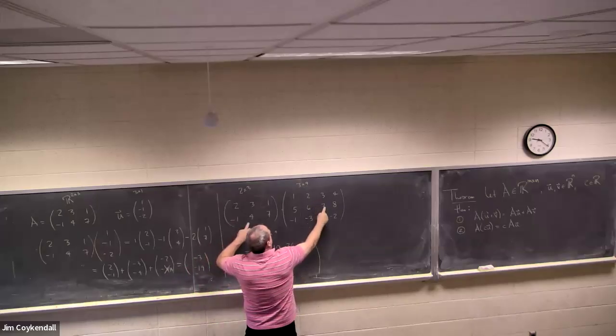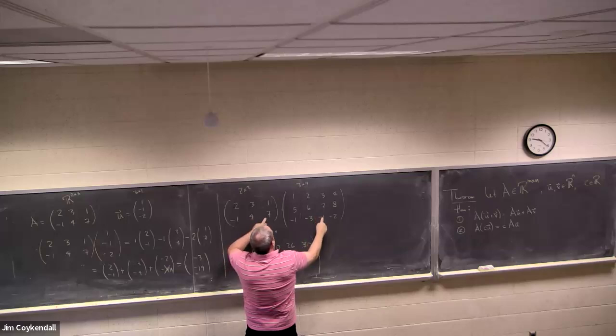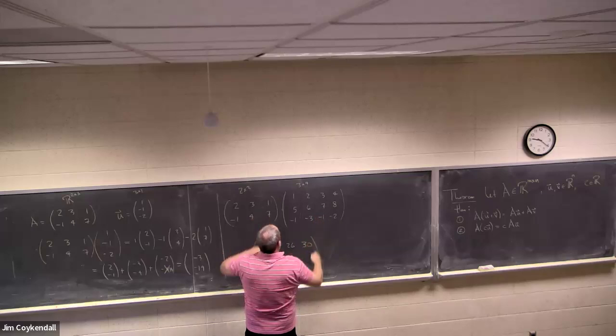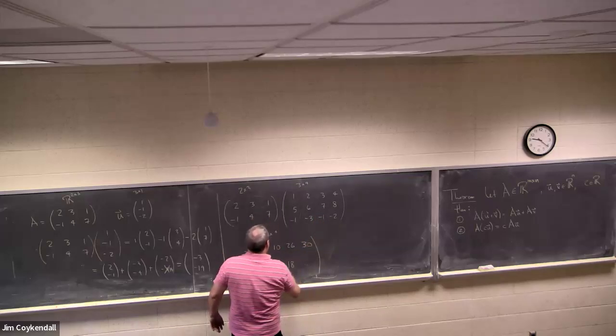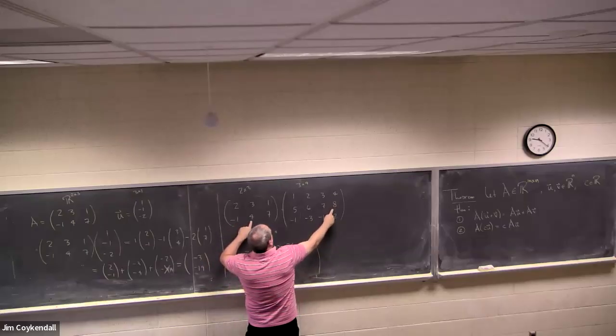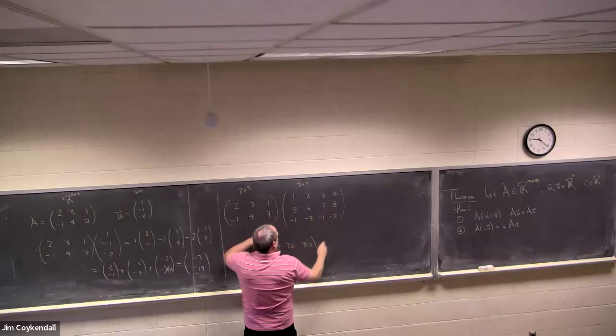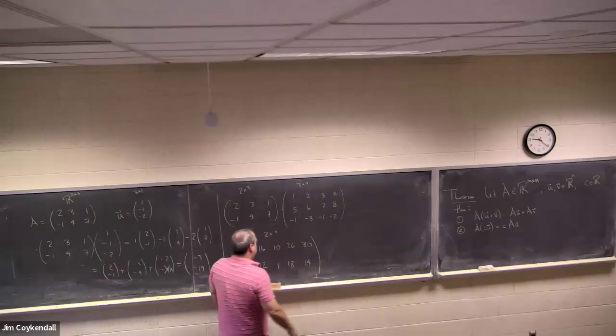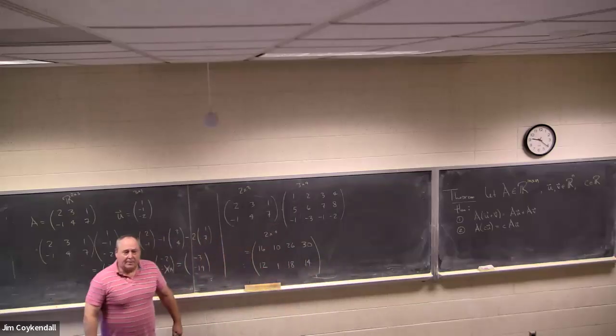Get -3 and 28 is back down to 25, -7 is 18. And finally, -4 and 32 is 28, -14. Everybody see how we did that?